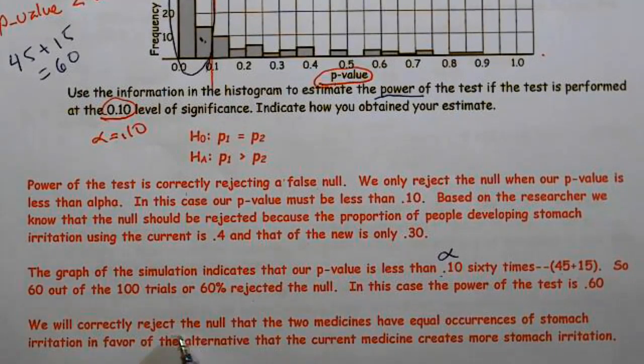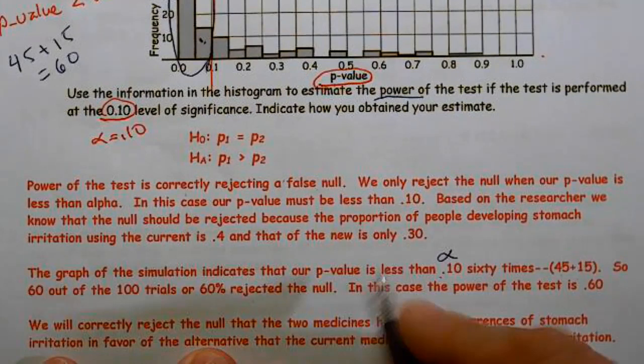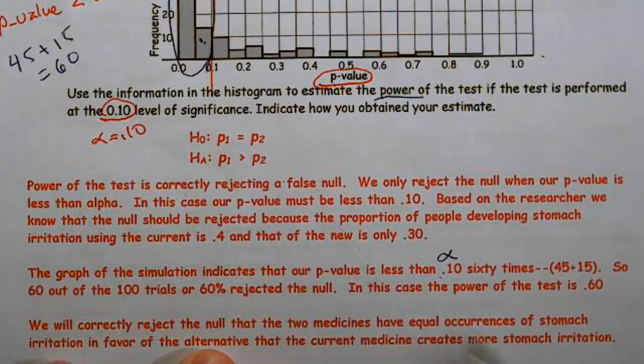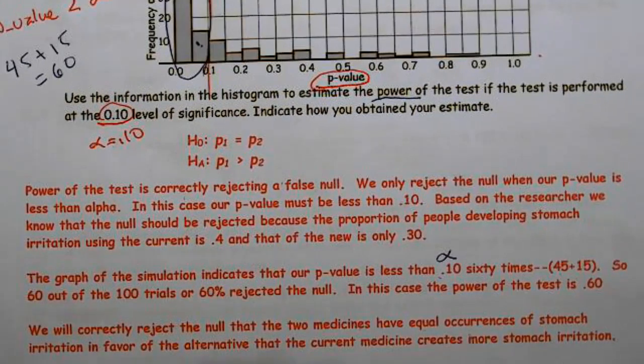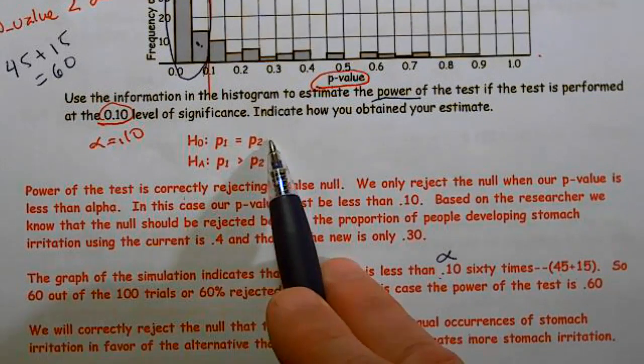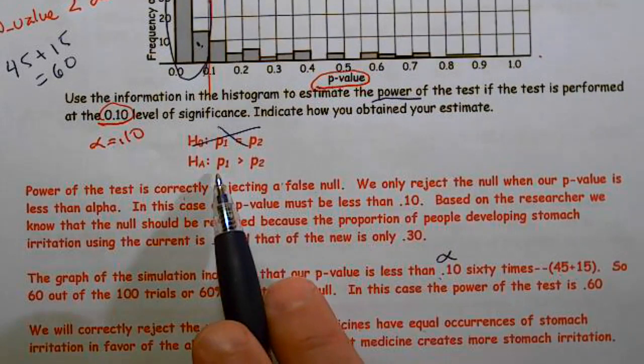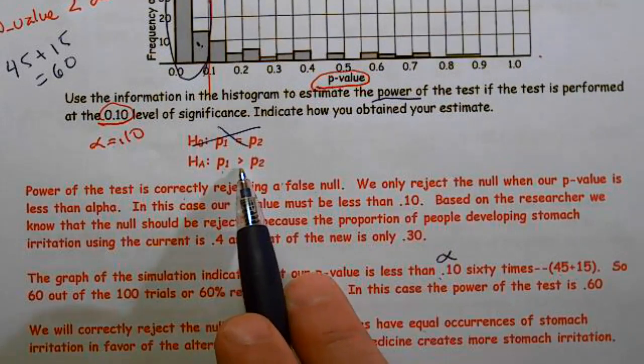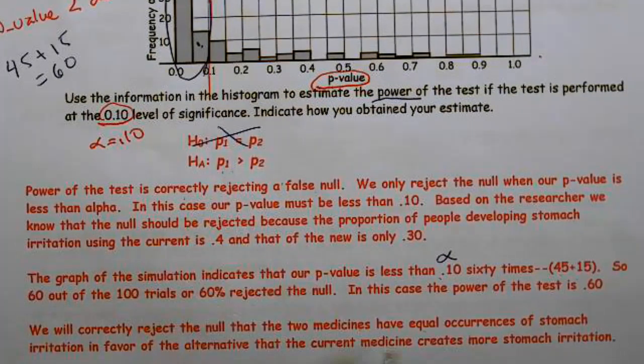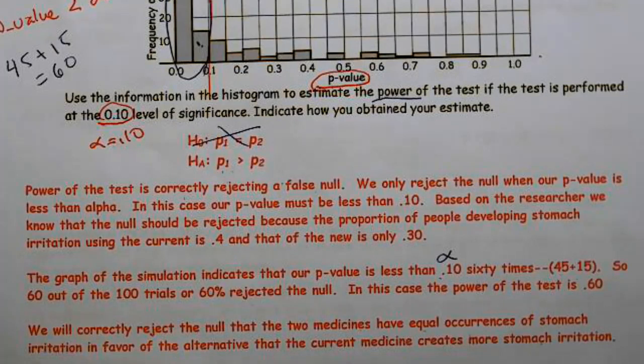We will correctly reject a null if the two medicines have equal currents. This is the null that they were equal, P1 equals P2, in favor of the alternative. We'll correctly reject this, so this is gone. We now believe that the current has more stomach irritation than the new. Okay, and that is part one.